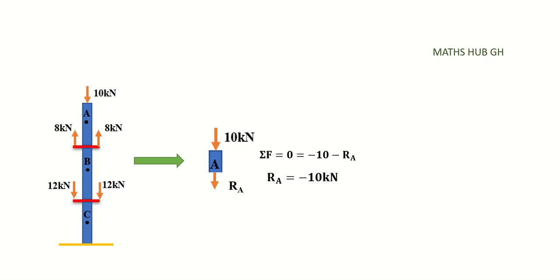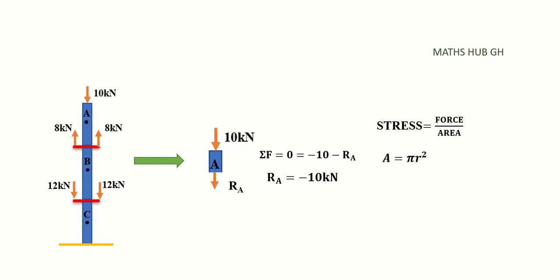From here, we will determine the stress at section A. We know that stress equals force over area, and we already know the force acting at section A, but we don't know the area. But we've been told that the bar is a circular bar, and we've been given the diameter to be 20 centimeters. So we can use this to calculate the area of the bar.